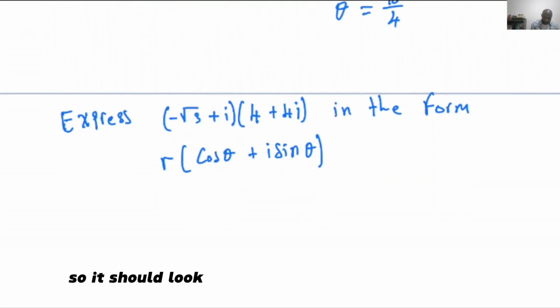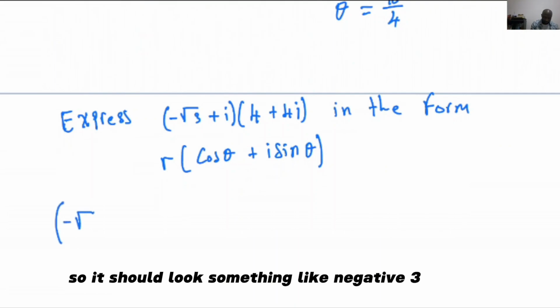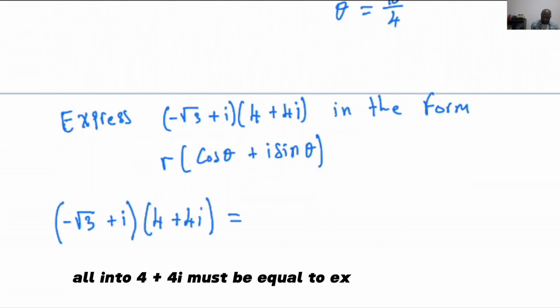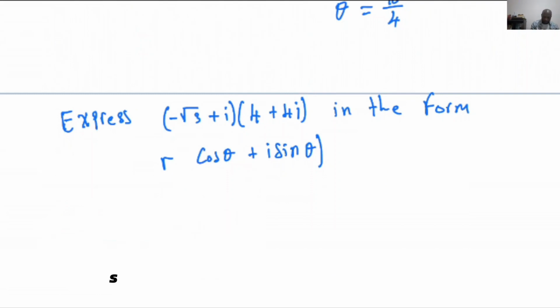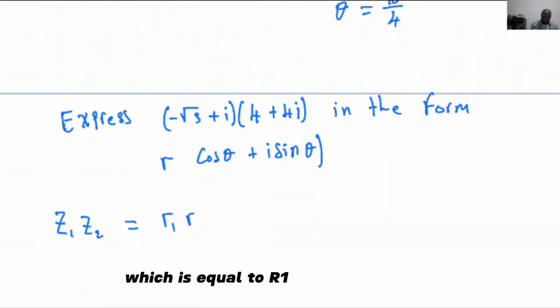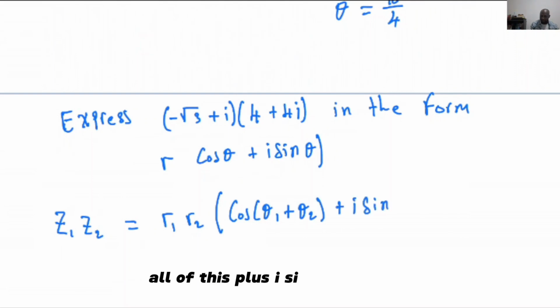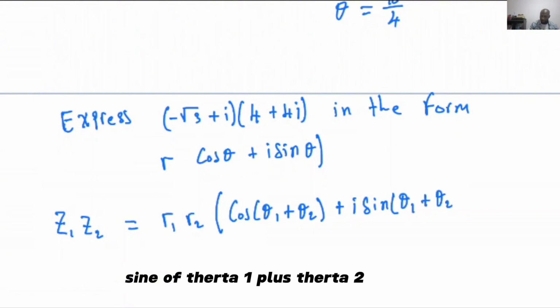So it should look something like negative root 3 plus i all into 4 plus 4i must be equal to, so this is of the form z1 times z2, which is equal to r1 times r2 into cos of theta 1 plus theta 2, all of this plus i sine of theta 1 plus theta 2.